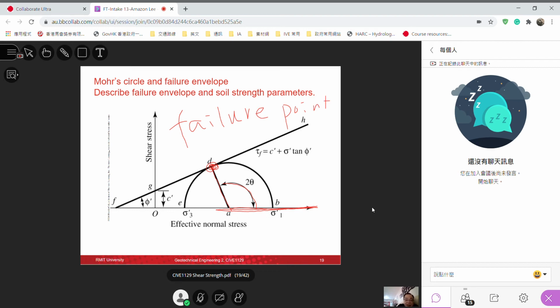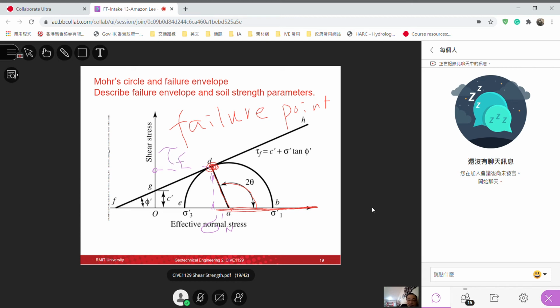That means that right at the point of failure, that is the normal stress at failure. This is the shear stress at failure.